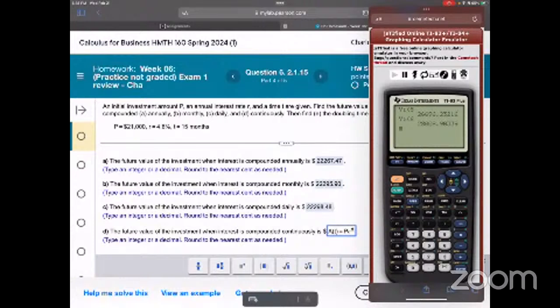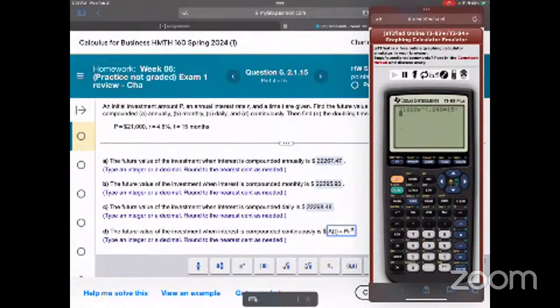Okay. Let me just do the calculation here. 21,000 times E to the power of the rate, which is 0.048 times the time. Oh, you know what? I don't even think we adjusted the time either, but that's okay. We'll get it here. 15 divided by 12.